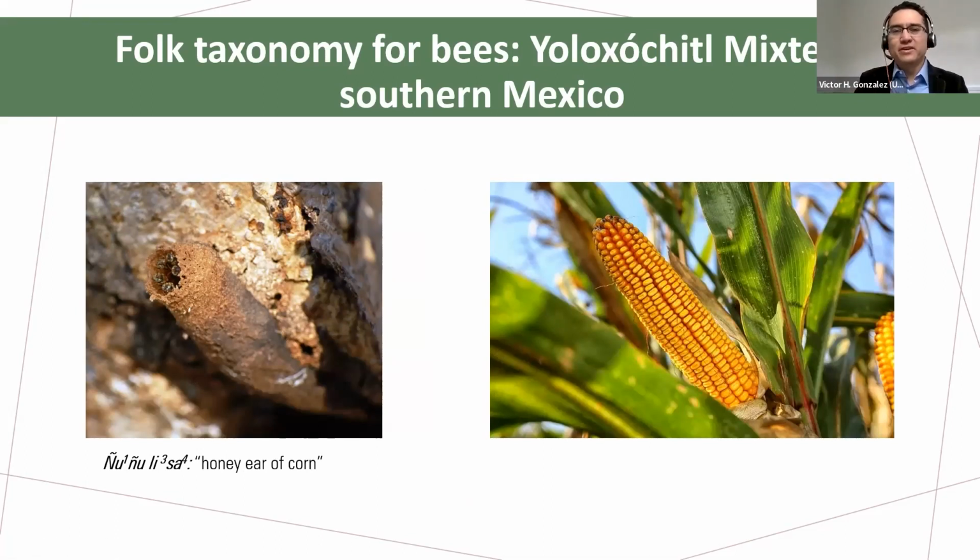And even for some of the internal nest structures, they use words that we now use, for instance, tortilla for the combs of the bees inside the nest. So very, very interesting. And if you remember, corn, for instance, was domesticated in Central America.